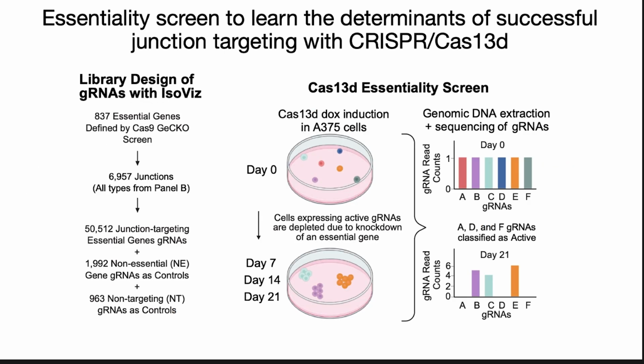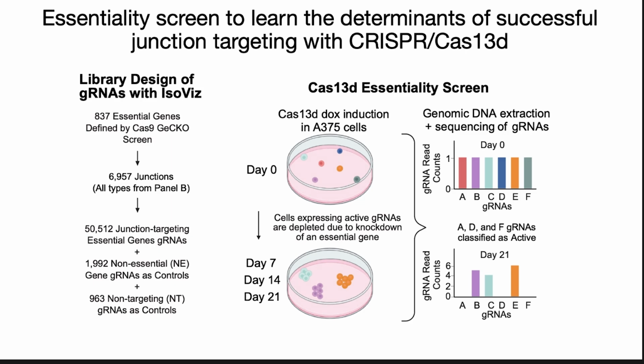So to figure out how to do these knockdown experiments, we first wanted to understand how well this strategy of targeting CRISPR-Cas13 to splice junctions actually works. So to do this, we designed what's called a CRISPR essentiality screen. I'll walk you through this in case you haven't seen this idea before.